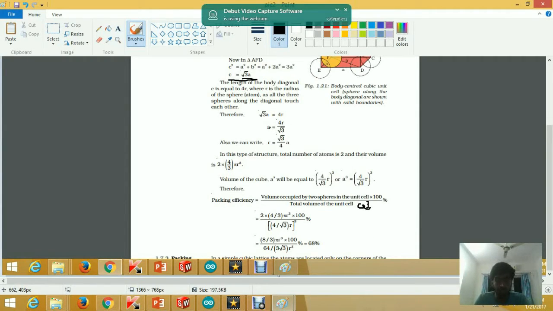But we also know a can be written as 4r by root 3. So we are going to substitute 4r by root 3 instead of a. So this gives us this particular calculation. Upon solving, we get the packing efficiency to be 68%.